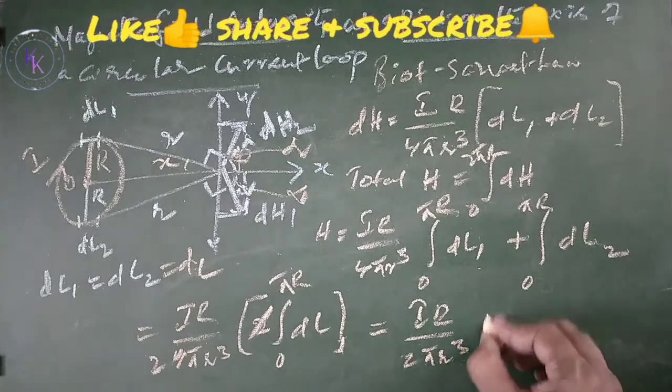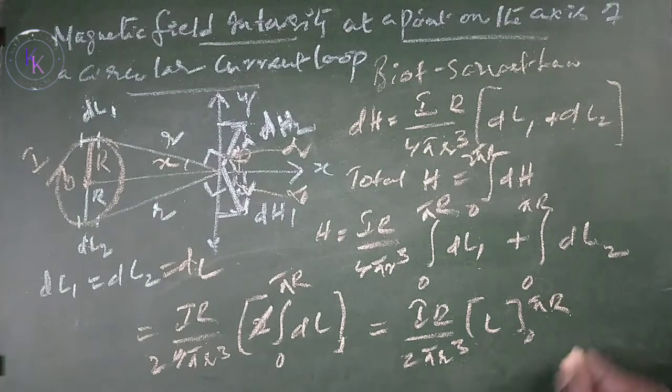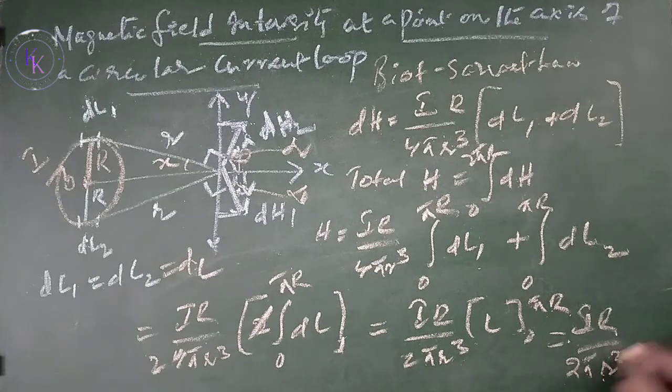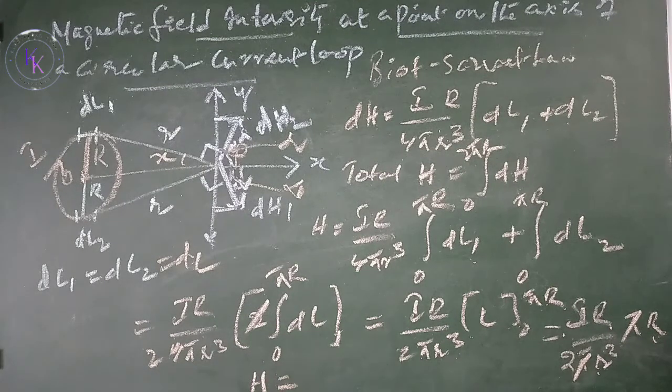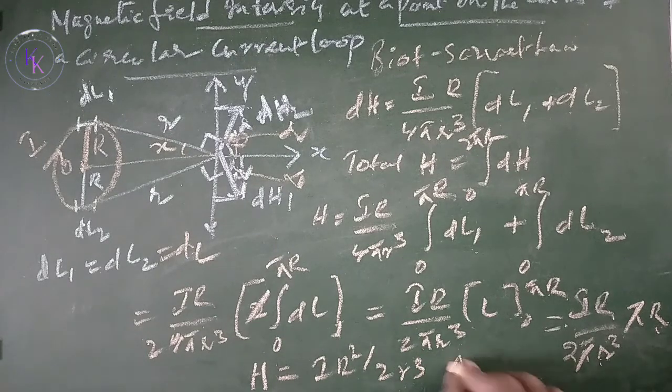If you integrate, L you get from 0 to pi R. This equals I R divided by 2 pi r cube times pi R, so H equals I R square divided by 2 small r cube amperes per meter.